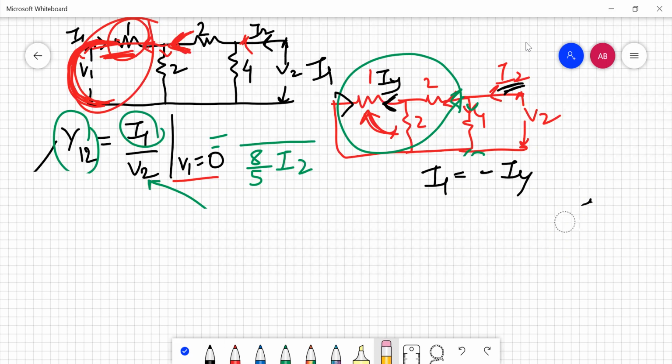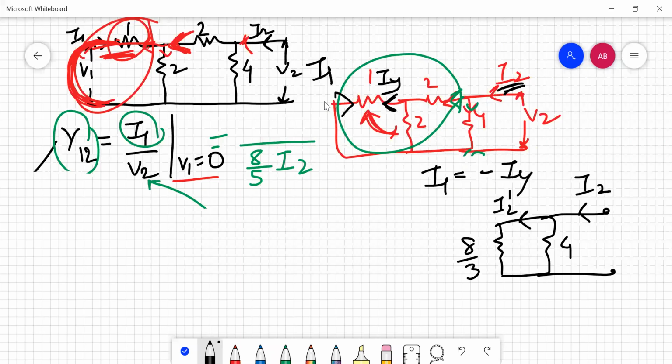You can do it with your current division rule as well as with nodal analysis, whatever you want to carry on. So I will just be taking the current division. I have taken this parallel combination as 8 by 3, as we calculated in our last case. Now we need to calculate the current in 8 by 3.